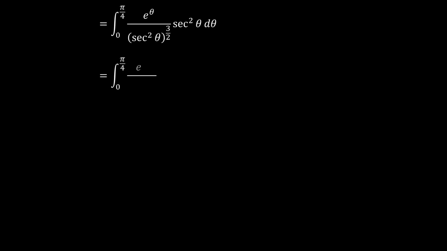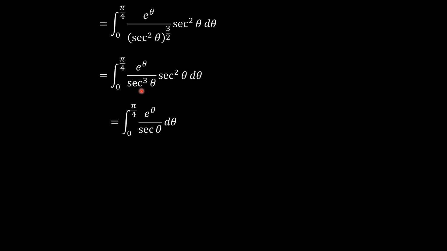So here we have the integral of e to the power theta over sec cubed theta times sec squared theta. So now sec squared theta and sec cubed theta would cancel, and now we have e to the power theta over sec theta as the integrand.